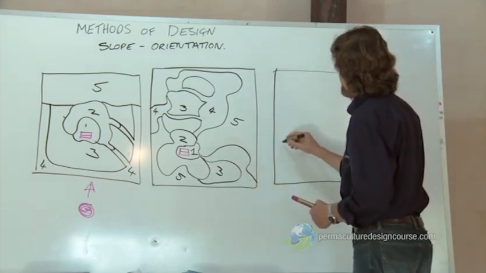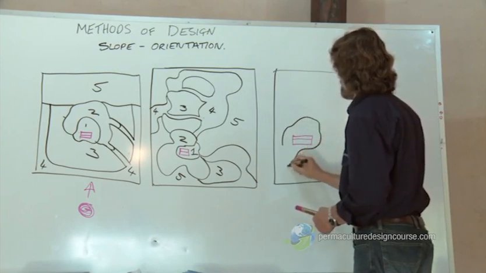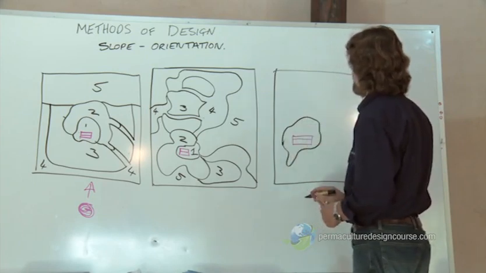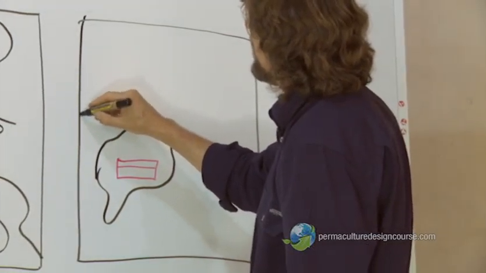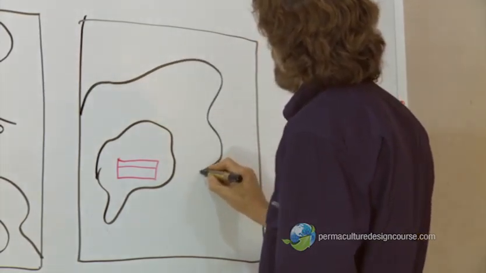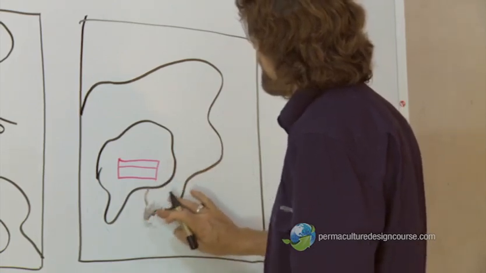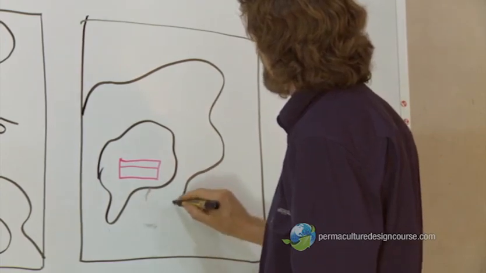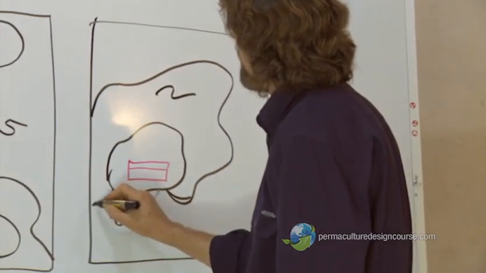We might have a zone 1 garden that goes out down the driveway a bit, and a zone 2 that follows suit but doesn't block off the sun. So we might pull that up a bit. That's our zone 2, that's our zone 2.